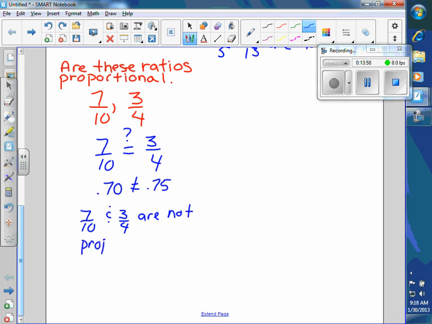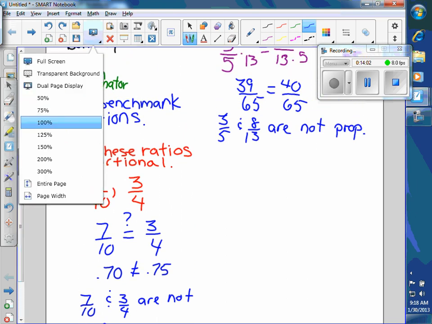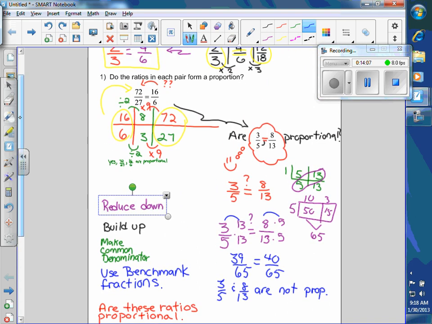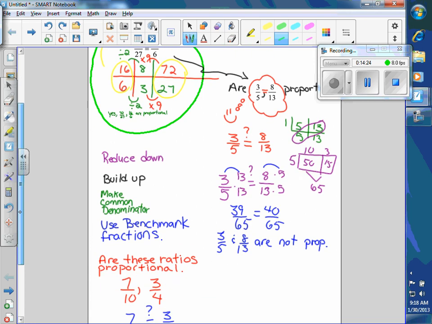So we have to see if they're equal. Let's look at the things that we did here. We took the first example and just used the ratio table to see that we could make them equal. So that works when you can reduce down and build up. Second example, there was nothing to reduce down, so we went to common denominators.